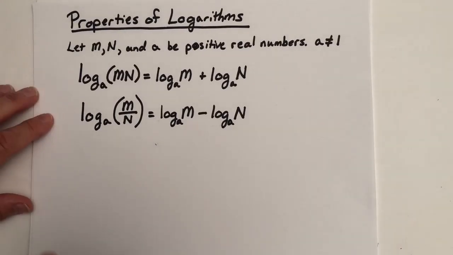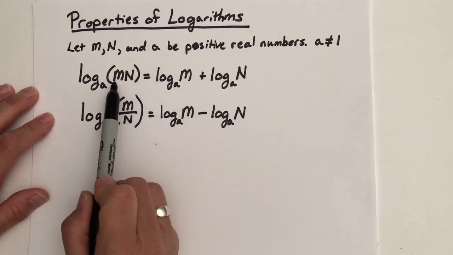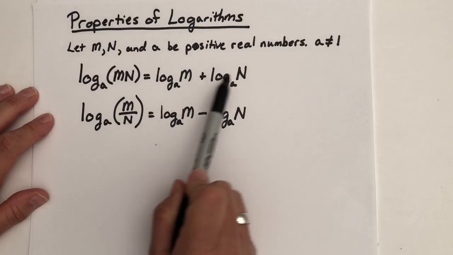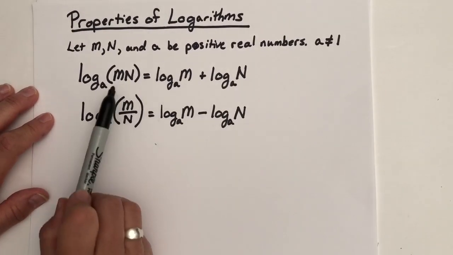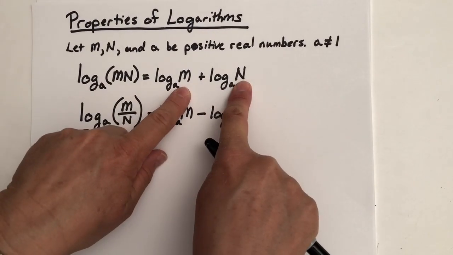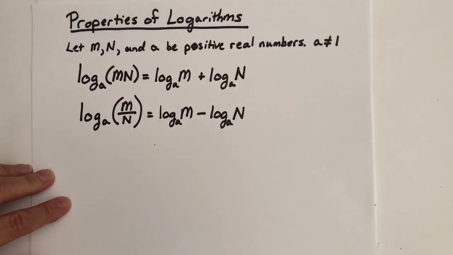This does assume that m and n and a, each of these quantities, are positive real numbers. Remember, we're not taking logs of negative numbers. We force them to be positive, so we can only expand it in this way if these are known to be positive. And we don't let the base for a logarithm equal 1.